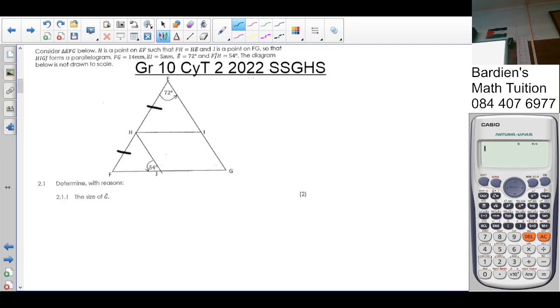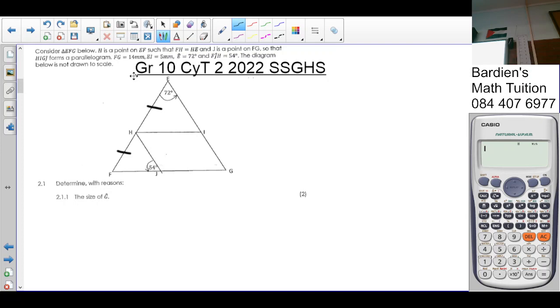J is a point on FG such that HIGJ forms a parallelogram. So that is parallel, that is parallel, that is equal. The angles are equal there. And the diagonals would have been bisecting each other there. So just keep that at the back of our mind.